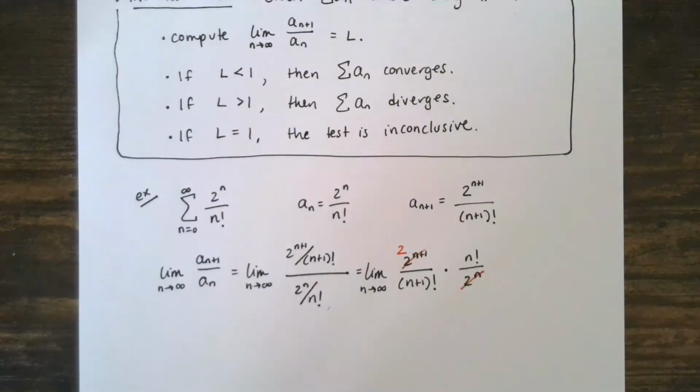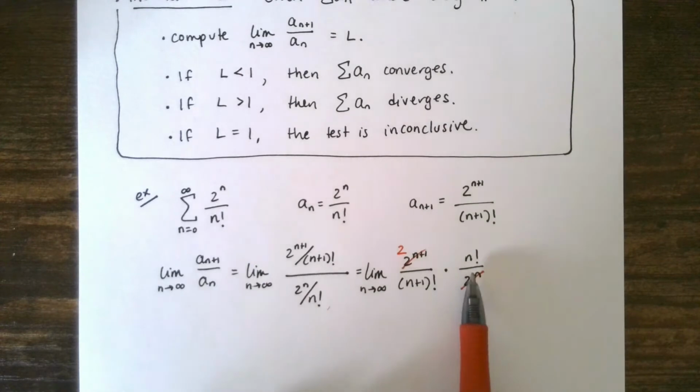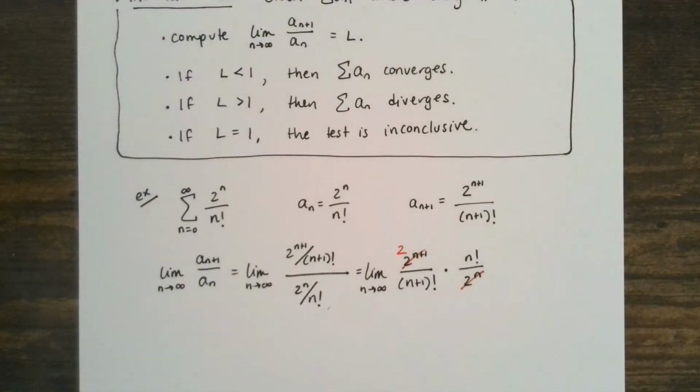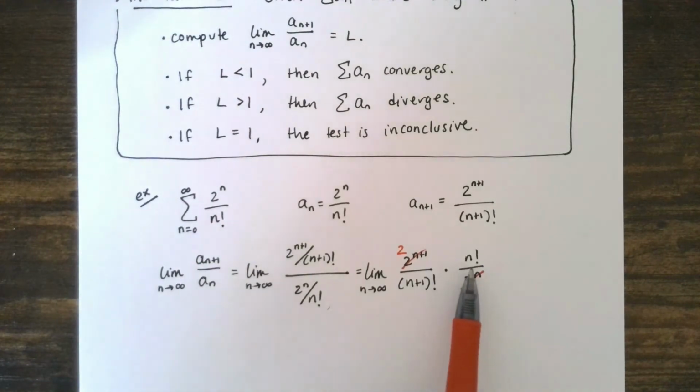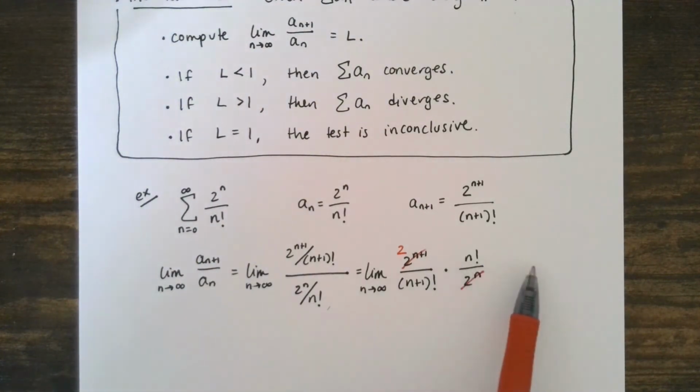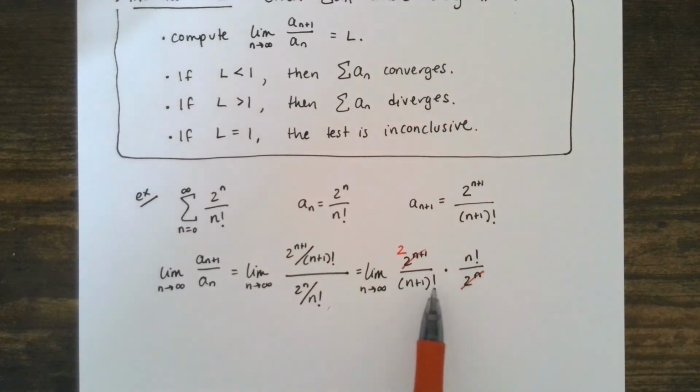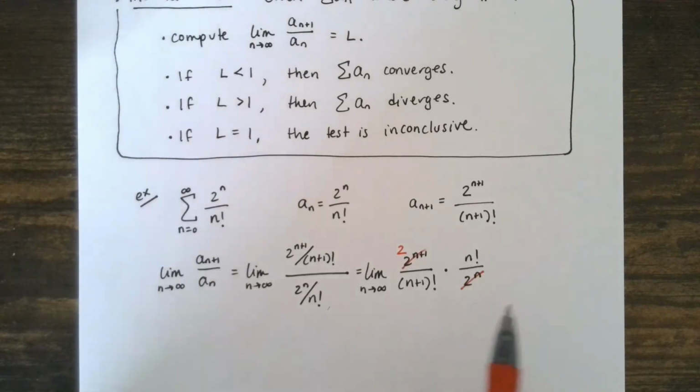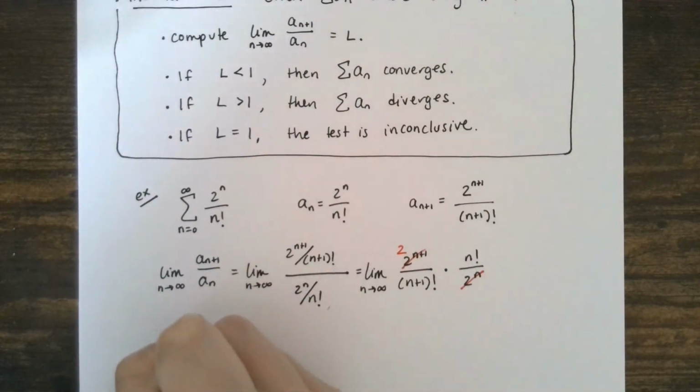Okay, so we also have cancellation with the factorials. And we're going to see stuff like this a lot in this section, so we'll start to get the hang of it. So this n factorial is n times the number before it, times the number before it, all the way down to times 2 times 1. This is that same group of numbers, but then it's times n plus 1 as well. So for example, let's say you have 5 factorial and 4 factorial, right?